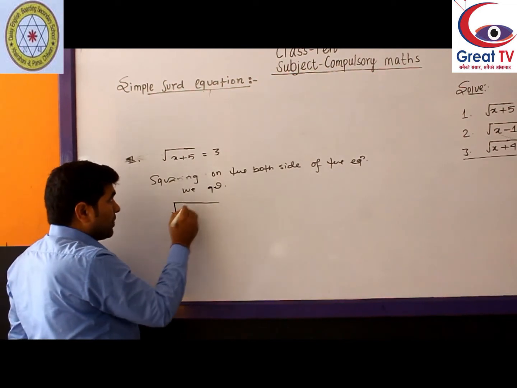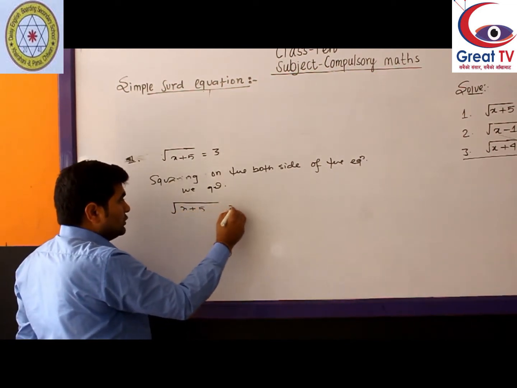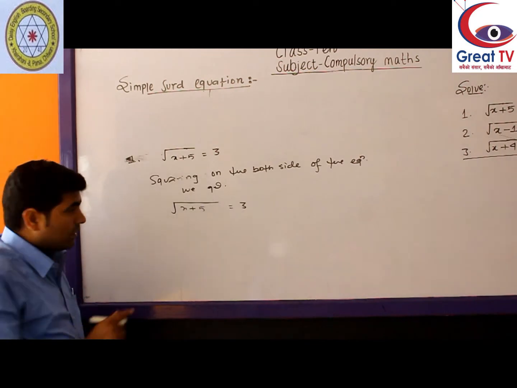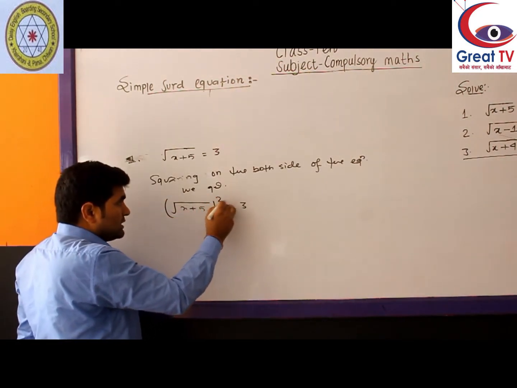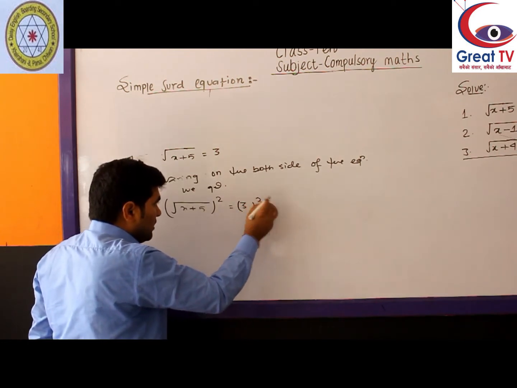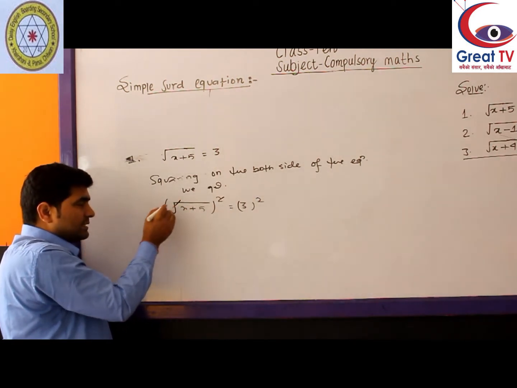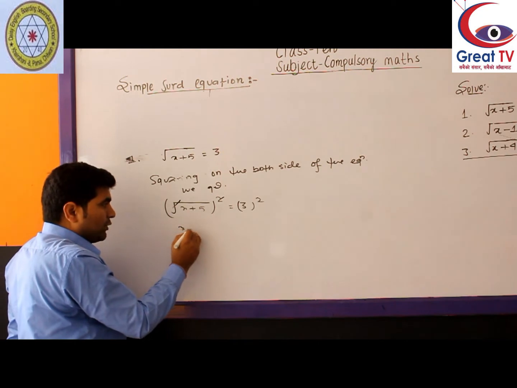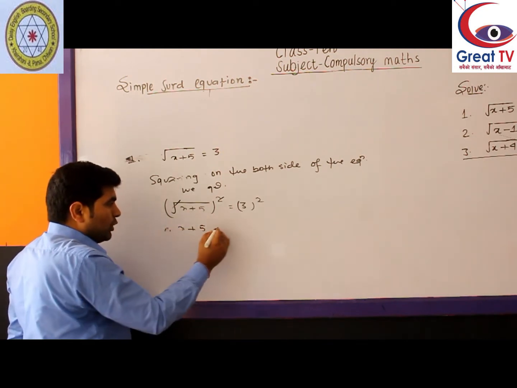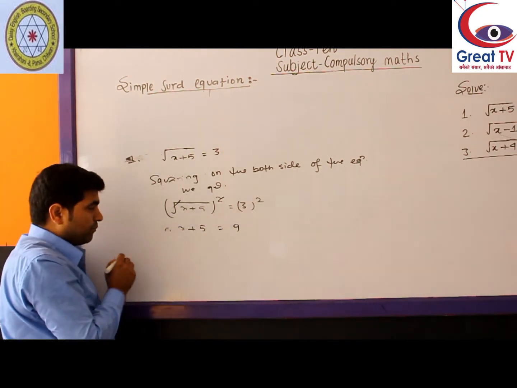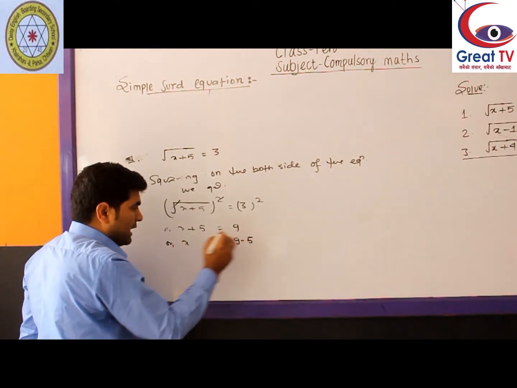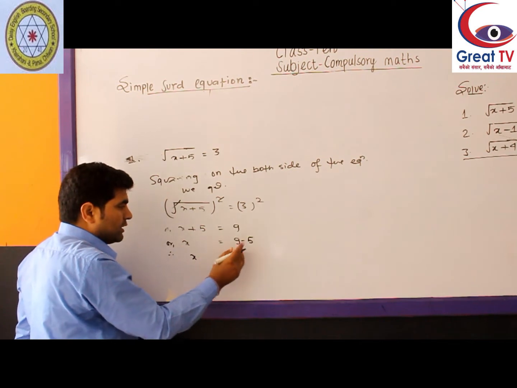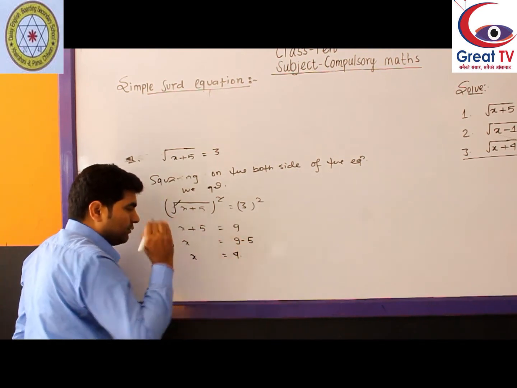Root under x plus 5 equal to 3. Squaring eliminates the radical sign. Now x plus 5 equal to 3 square, 9, so x equal to 9 minus 5, therefore the value of x equal to 4.